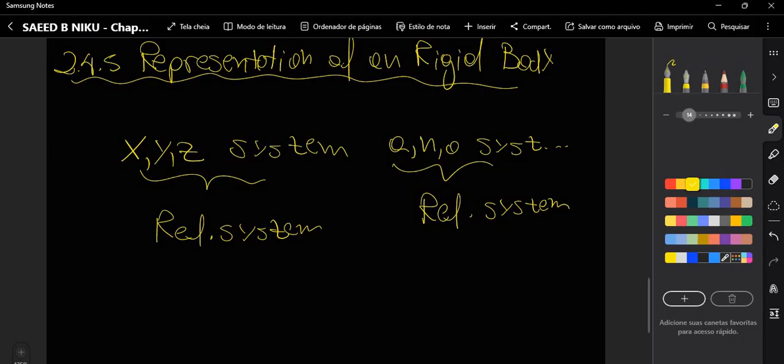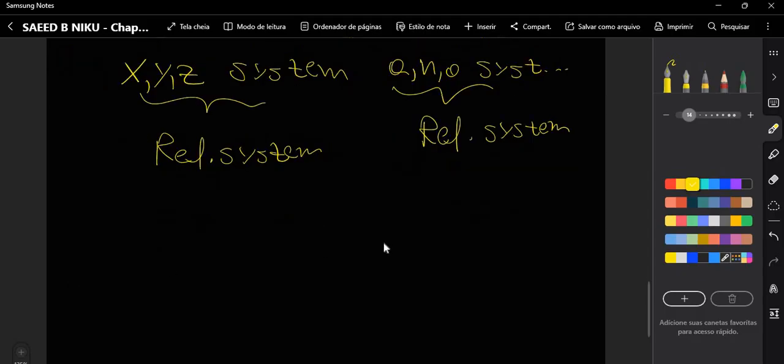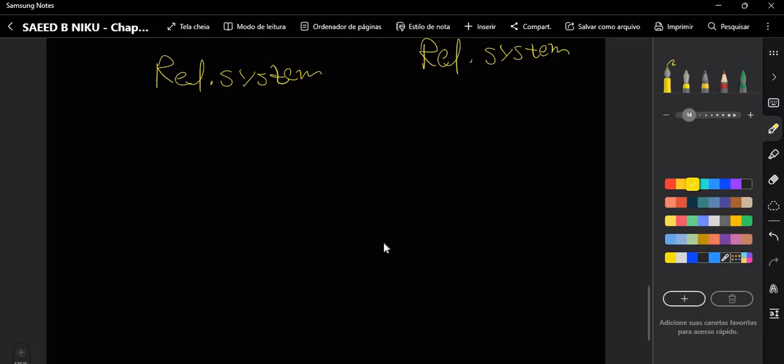Figure 2.10, which is the representation of an object in a space. Let me draw this figure. The axis Z, axis X, and the axis Y. And this is a referential system.